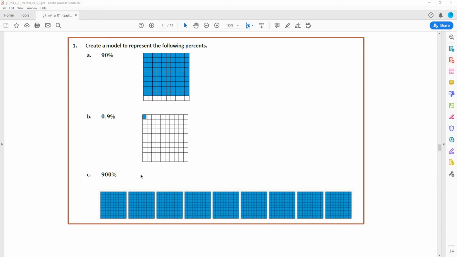So if we take 900 out of 100, and then we reduce that fraction down, it just reduces down to 9. So we should have 9 wholes. Okay, and since for this problem we're considering a grid of 100 boxes to be one whole, well, we've got 1, 2, 3, 4, 5, 6, 7, 8, 9.